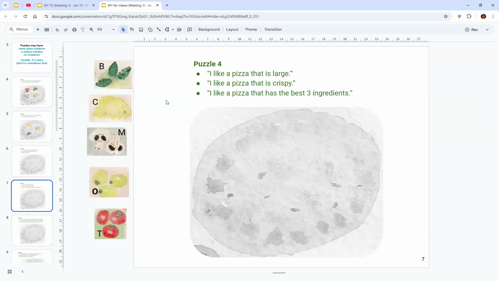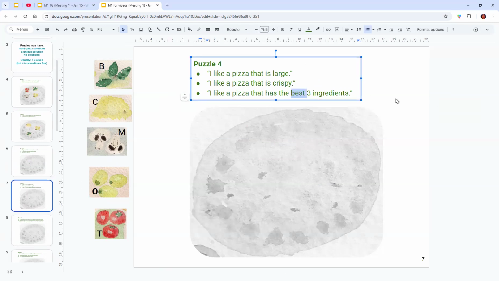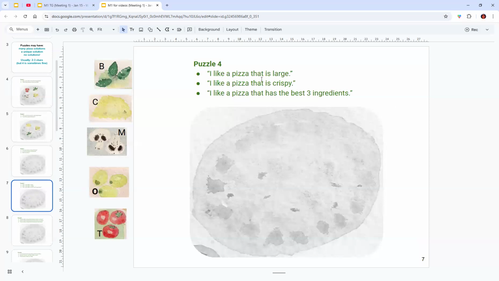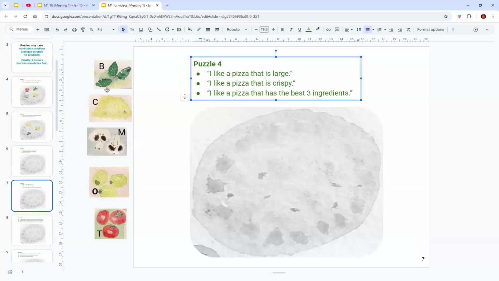Keep looking. Look at this puzzle. I like a pizza that is large, that it's crispy, and that has the best three ingredients. Okay, so this puzzle, interesting, but it's not valid. We don't know what best means, right? It depends on the people. It's subjective. And large and crispy is not really talking about the ingredients.